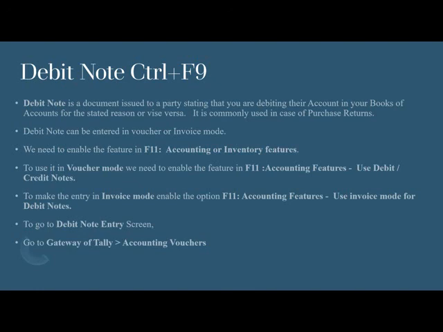Under that, we have to go back to accounting or inventory features. In accounting or inventory features, we have to select the section invoicing. There comes out with use debit or credit notes, make it yes. Once this is enabled, we can record the transaction.